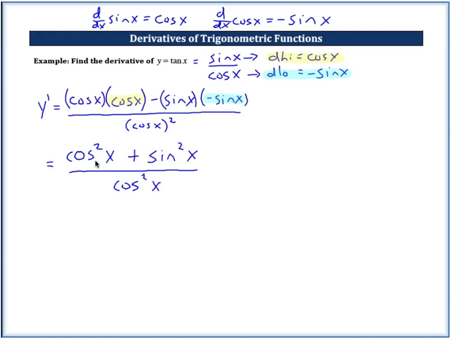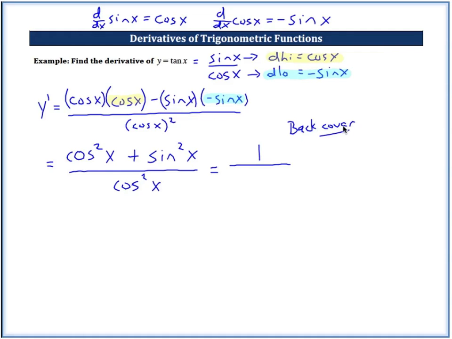Now if you think back to your trig laws, we actually have a Pythagorean identity right here. What is cosine squared plus sine squared? Well, that equals 1. And if you ever forget these, just look in the back cover of your book.